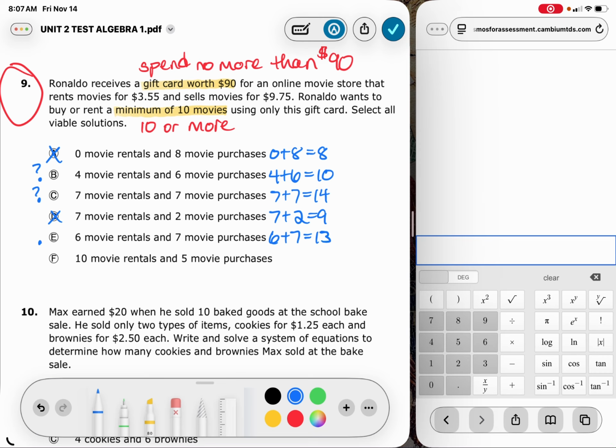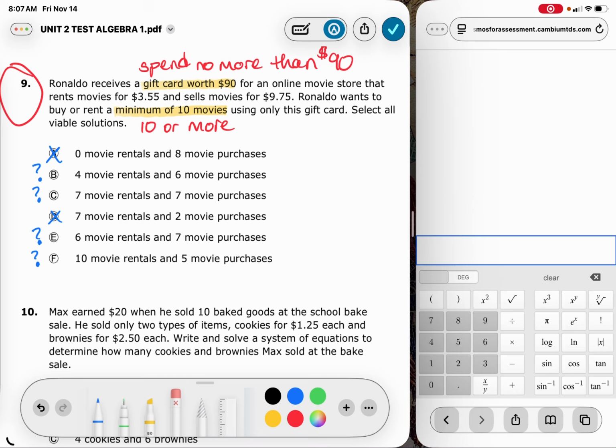That could be a possible answer. And then 10 plus 5 is 15. So that could also be a possible answer. So just based on the number of movies that he wants to purchase, we got rid of answer choice A and D. So now I'm going to erase this stuff here. And now we're just going to focus on the other 4 answer choices.